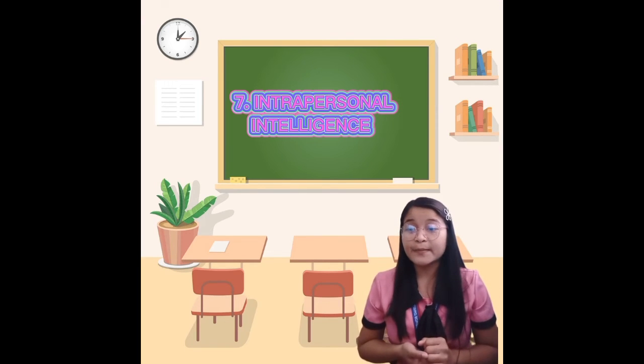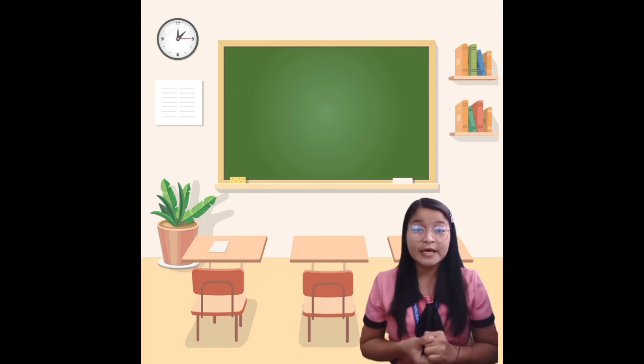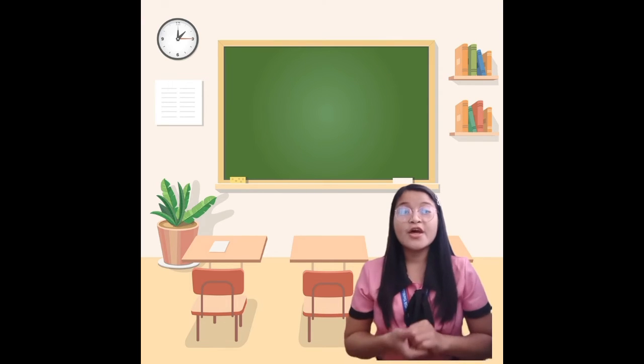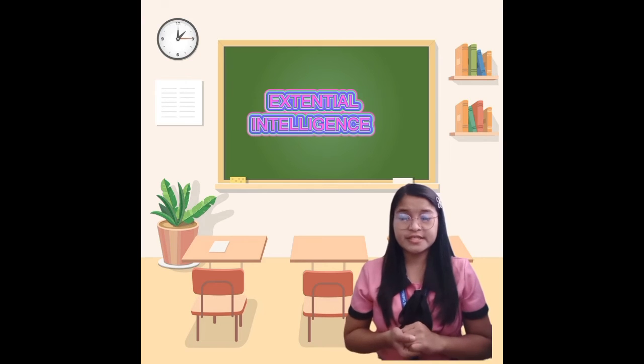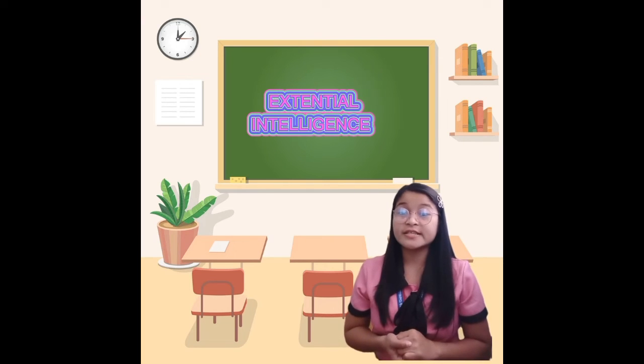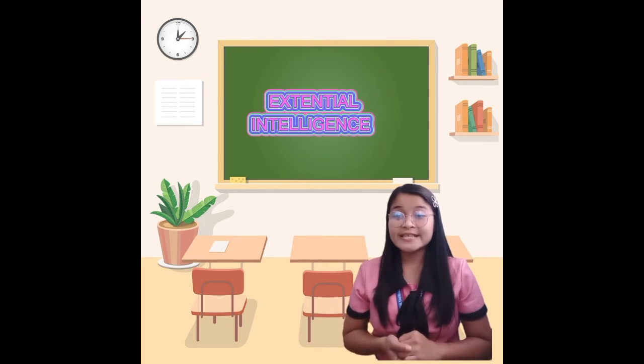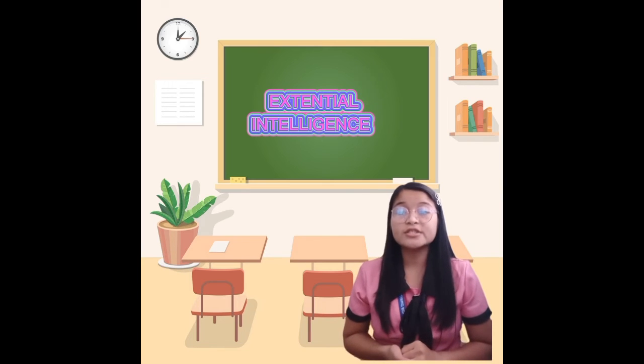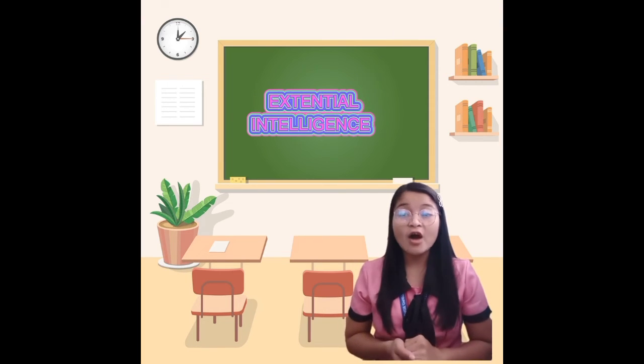This is the capacity to be self-aware and in tune with the inner feelings, values, beliefs, and thinking processes. The last of the multiple intelligences is existential intelligence. This is sensitivity and capacity to tackle deep questions about human existence, such as the meaning of life, why do we die, and how did we get here?